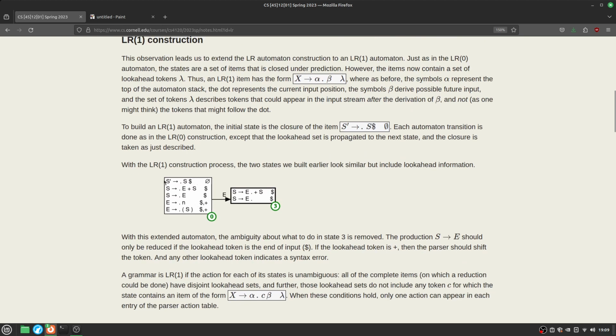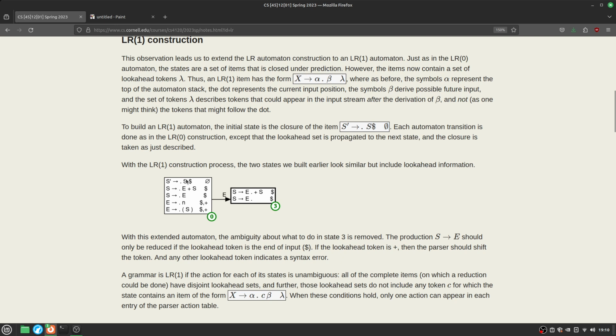Okay, so the first one, S prime tends to S and then the end of input. There's no look-ahead, because you can't look at anything after the end of input symbol, I'm guessing.